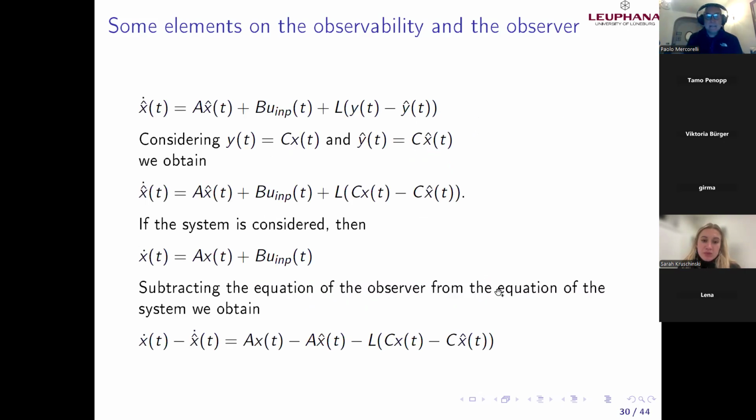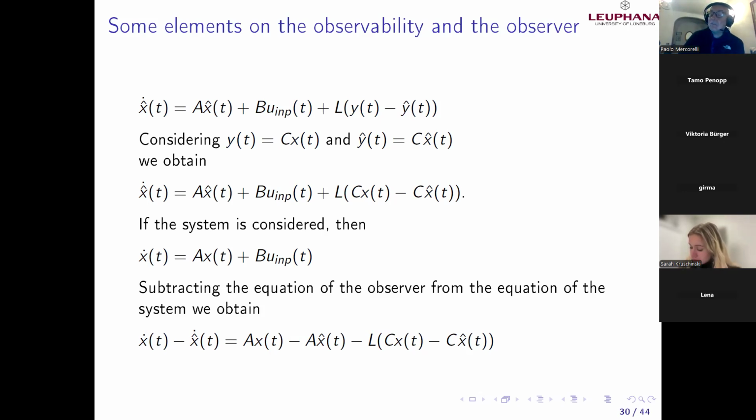A few words about that. Look at this. In the first line, we have the observer as I defined it. Then I am considering y of t equals C multiplied by x, and y hat equals C multiplied by x hat.